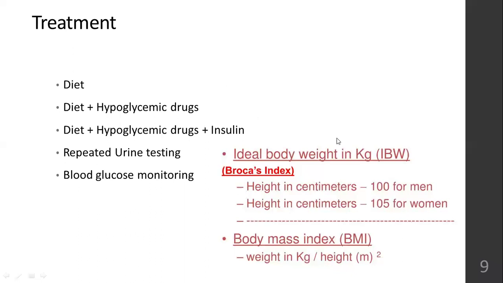Yes, 65 kg. That should be her ideal weight. So this is the Broca index, a very easy index to measure. You can measure your height in centimeters, and based on your gender, subtract the number from the formula and you will get your ideal weight. Plus or minus 2 kg is fine.